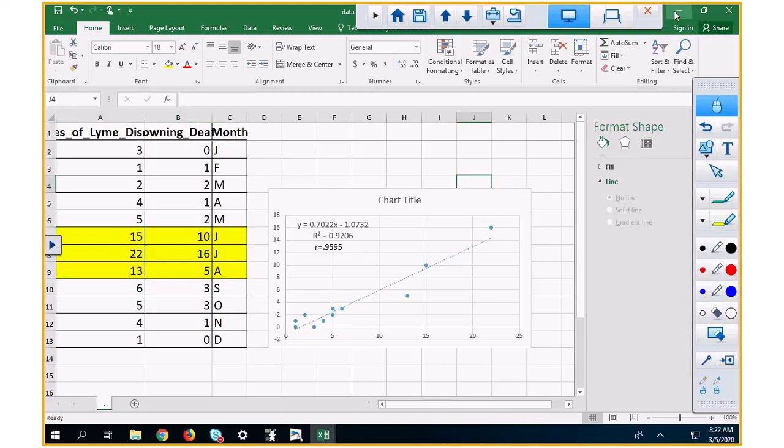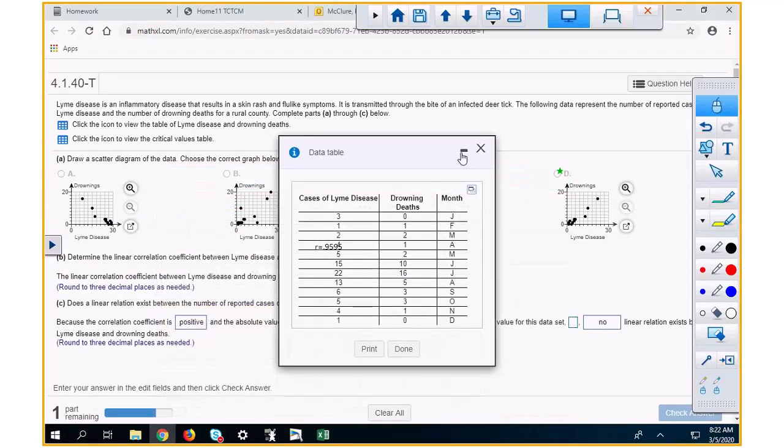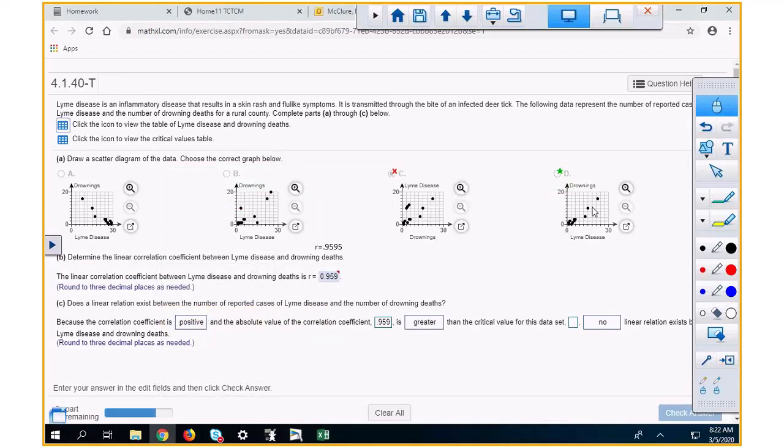I don't know what else they're going to ask, but there's the graph, 0.959, whatever. And there is a positive correlation.